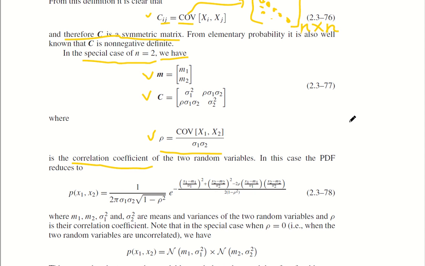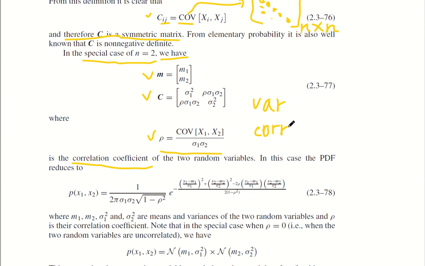So here, up to this point, we talk about covariance and correlation, right? So there are two vocabularies, two terminologies. One is the covariance, and the other is the correlation.